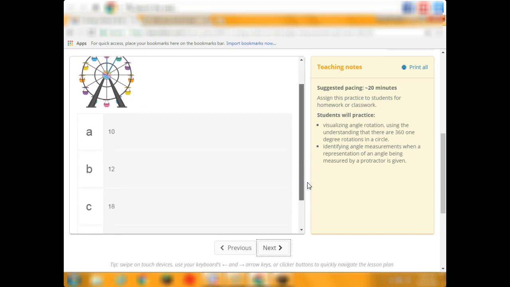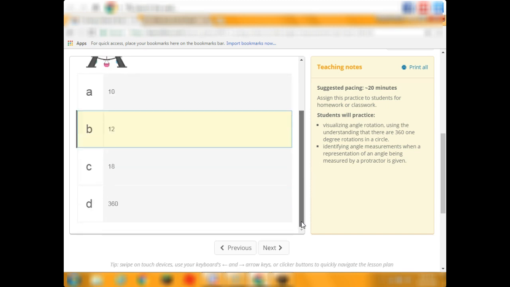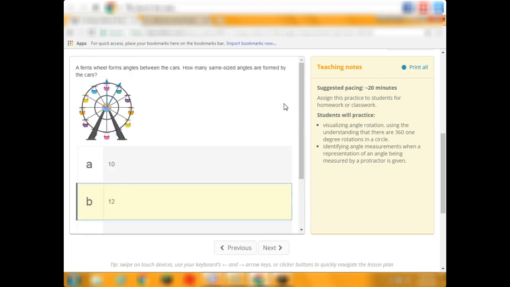So, as we've just counted and not guessed, 12. But if you understand why it's not 360, because it's asking us how many same-sized angles are formed by the cars. Same-sized, not how many degrees it has turned.